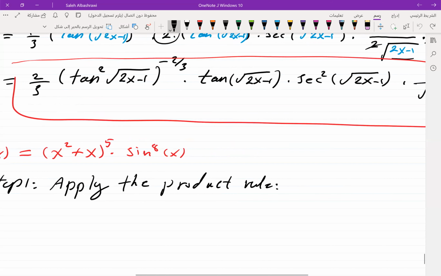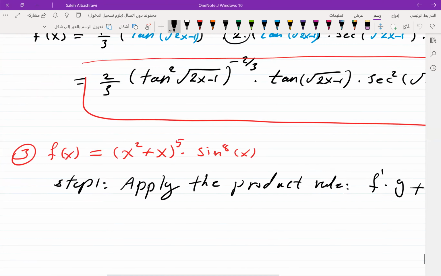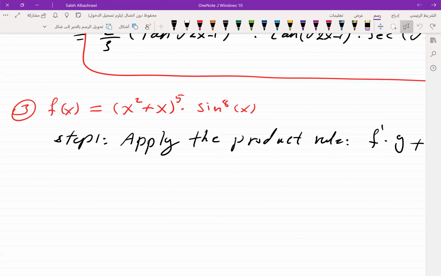That is f prime g plus g prime f. The derivative of the first one multiplied by the second plus the derivative of the second one multiplied by the first. So the derivative now in this case f of x is equal to the derivative of the first bracket. You can see that I have 2 functions.